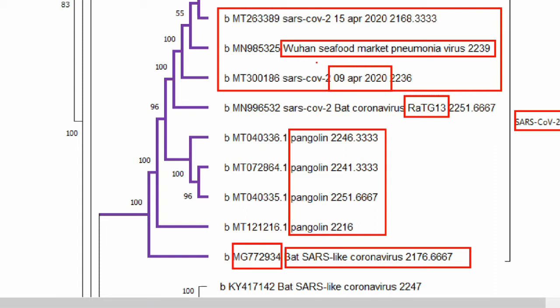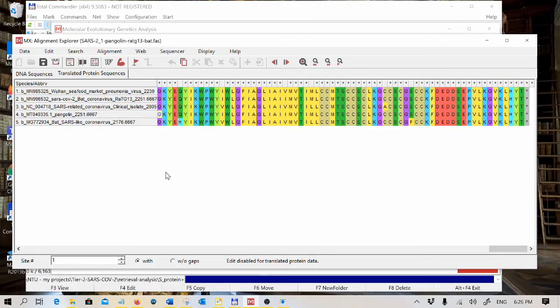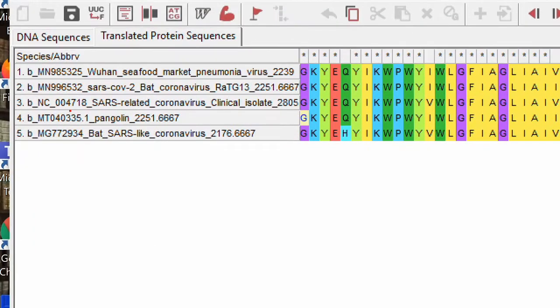So let us look at the furin cleavage site across these coronaviruses which form the SARS-CoV-2 group. Here I selected the SARS-CoV-2 group of the viruses. Let's take a closer look. So here we have 5 of them from the alignment. The first would be Wuhan seafood market pneumonia virus, so SARS-CoV-2 in here.